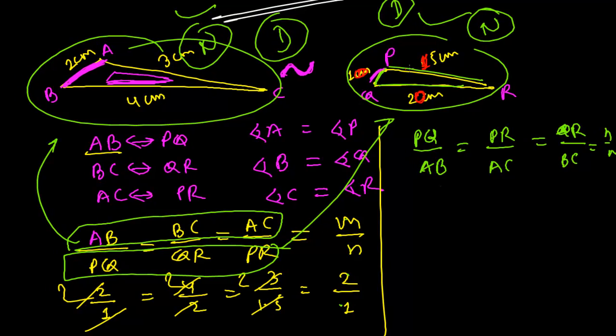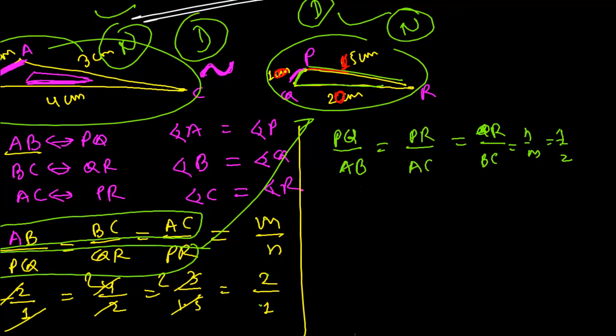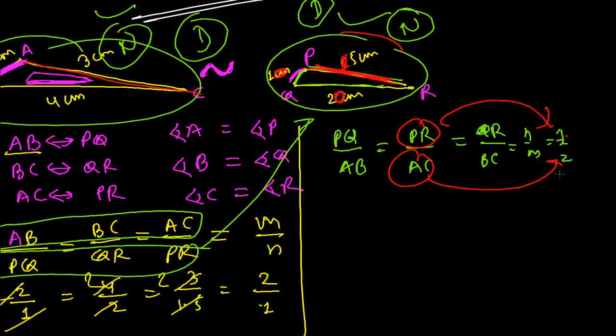We have the ratio 1 over 2. If the side PR is 1, then the corresponding side AC should be double of this. So if PR is 15, then AC should be 30. This is called corresponding.